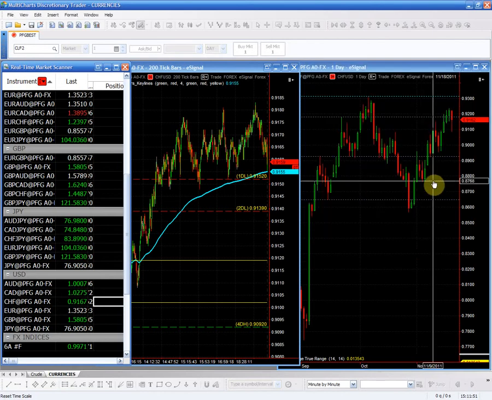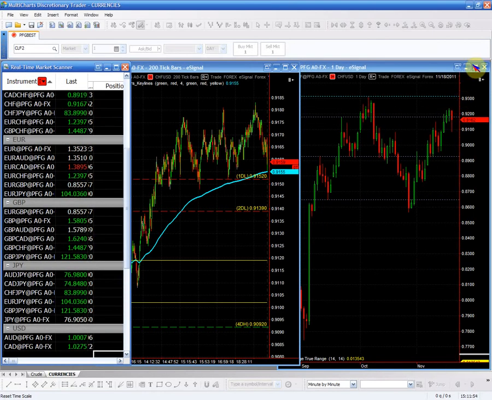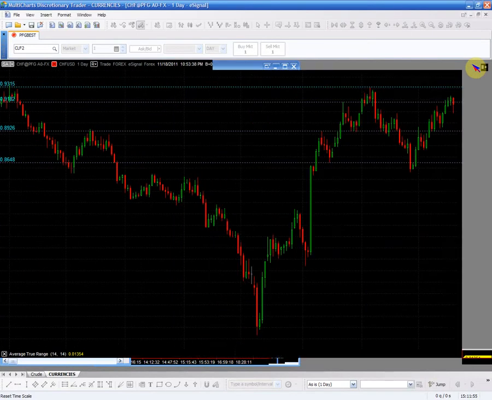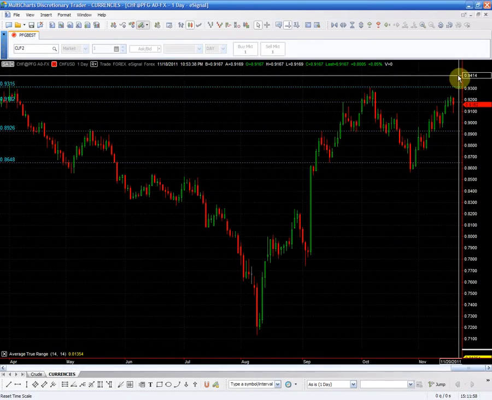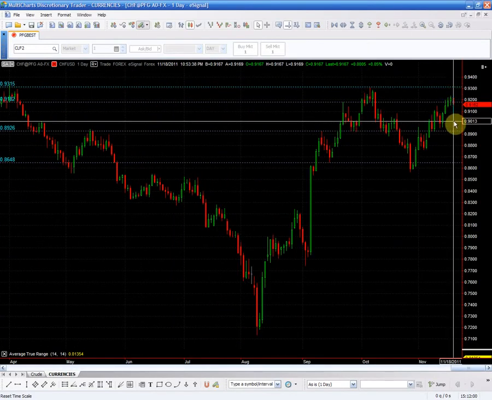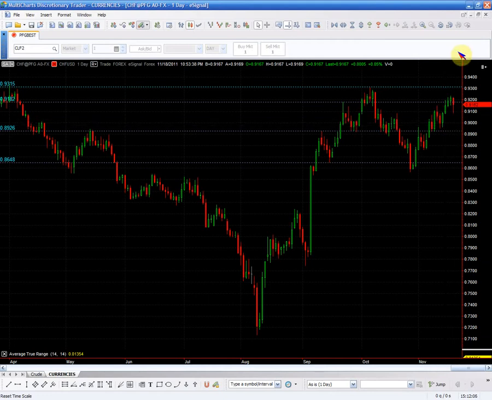And on the short side, if I look at this chart, you can see it traded all the way to the low of the day, which is 90.86, and then it turned back up again. So from this price, from 90.62, it went up about 100 pips off the low.